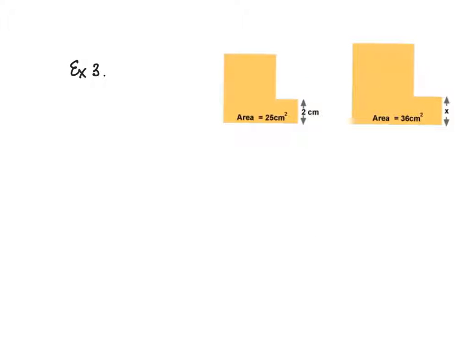Third and final example involving similar areas is interesting. Now, you'll notice that we have the area of both shapes, but we're missing a length. Now that's interesting, because normally we would work out the length scale factor first, but we can't do that.